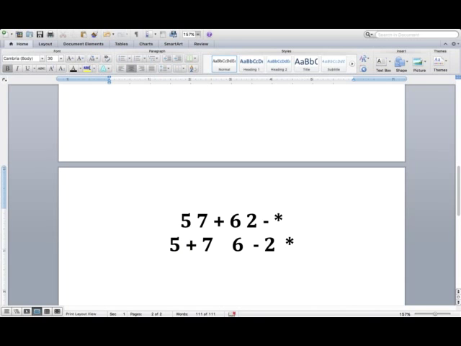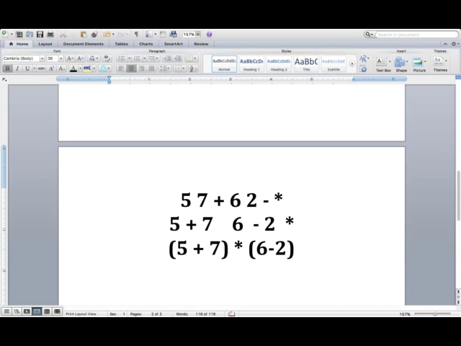If I want to not actually get the numerical value yet, I'll have to do this: 5 plus 7 multiplied by 6 minus 2. So that's my infix form. Now I can resolve it actually. So this will be 12 multiplied by 4, and that will be 48.